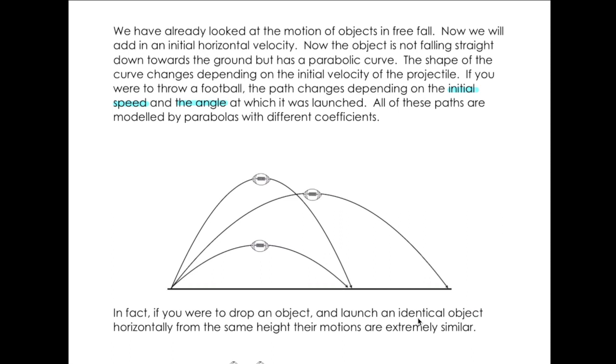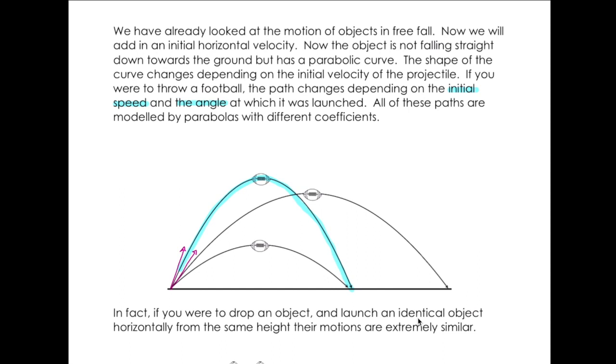If we look, the initial velocity is equal on these two, but the angle is different. The first football is at a higher angle, so it goes less distance compared to the second one.